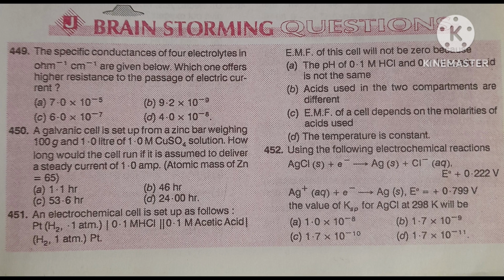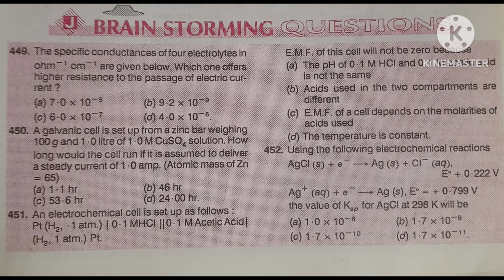Second option 9.2 into 10 to the power minus 9. Third 6.0 into 10 to the power minus 7. Fourth 4.0 into 10 to the power minus 8. Keep pen and paper with you, then it will be easy for you to solve the numericals.